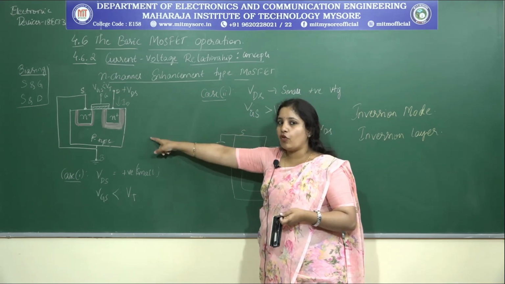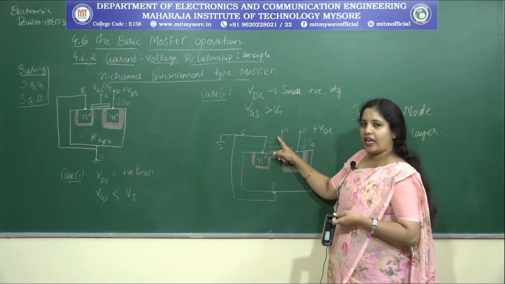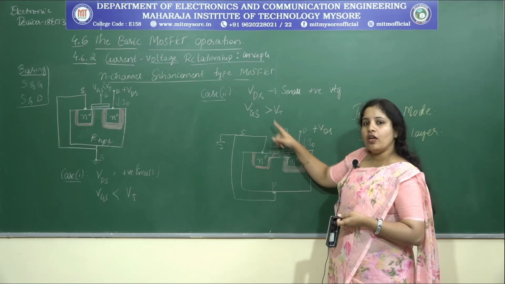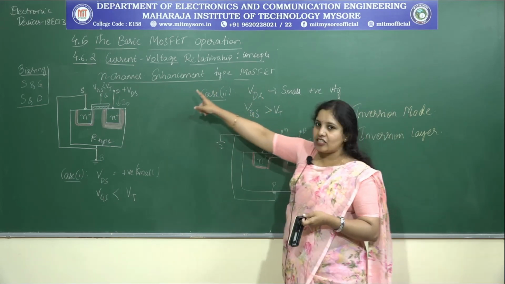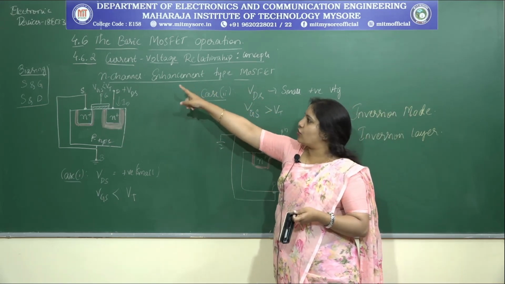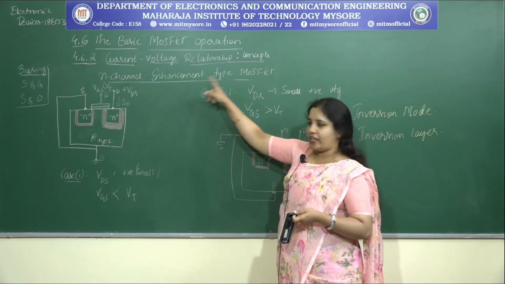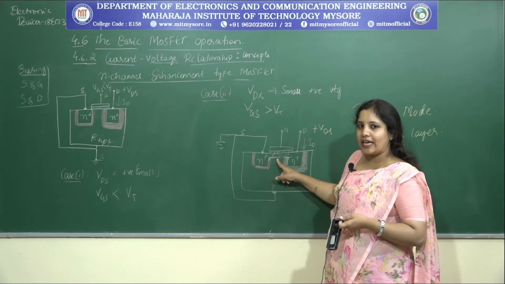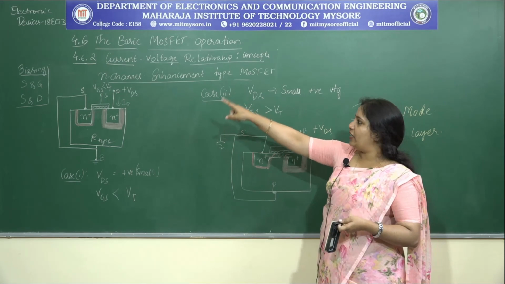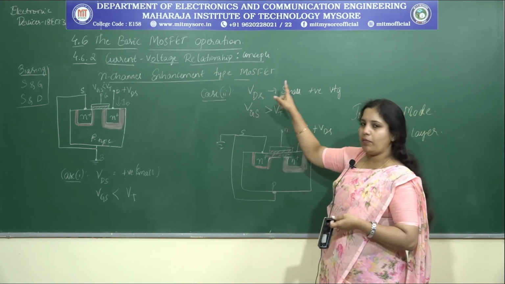There was no channel before. Because of the application of the gate voltage greater than the threshold, we created a channel between the source and the drain. We enhanced a channel, and that's why it is called N-channel enhancement type. Which kind of channel did we create? It's a channel of electrons, which is nothing but N-type. Therefore, the name N-channel enhancement type MOSFET.